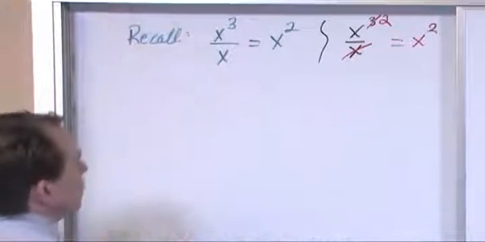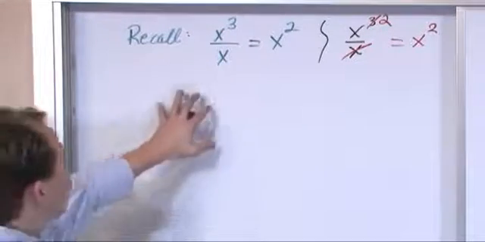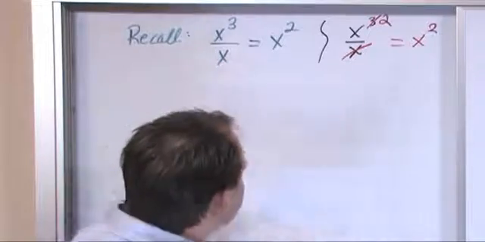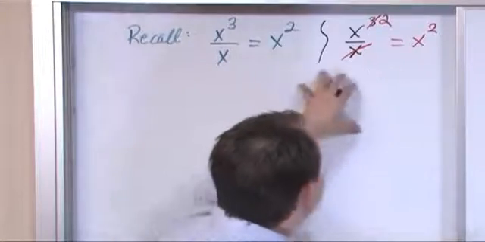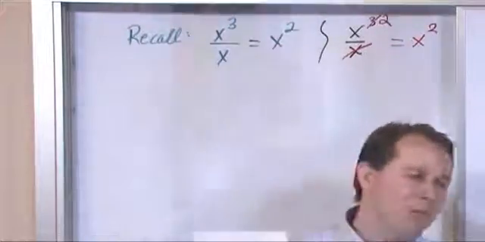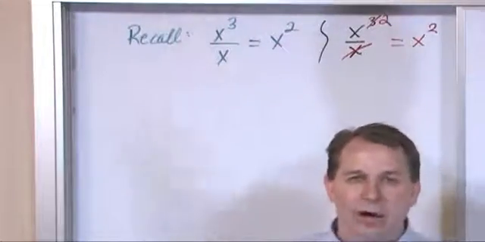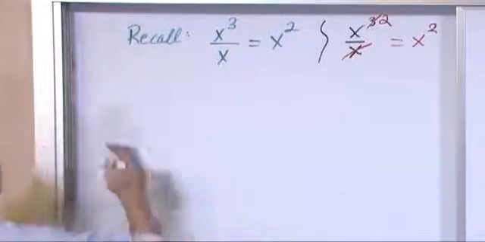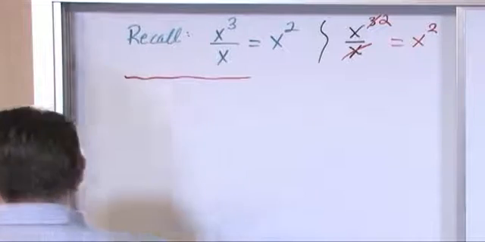Whichever way you prefer to think about it is fine. I think subtracting the exponents is a good way to learn it in the beginning. But more practically, when you start dealing with these expressions, you have some x's on the top, some x's on the bottom, some y's on the top, some y's on the bottom. You're going to be canceling all the time, so it's probably more practical to think about it in terms of canceling. We're going to get a lot of practice with that.